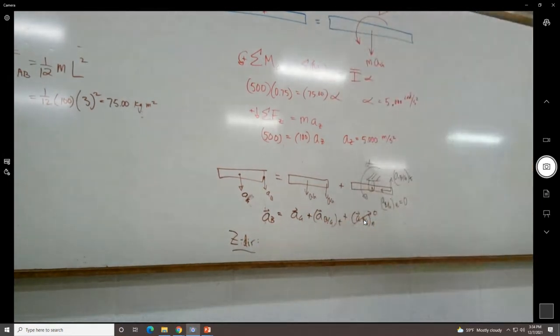The acceleration of G is not going to be alpha times the distance, right? Nope.